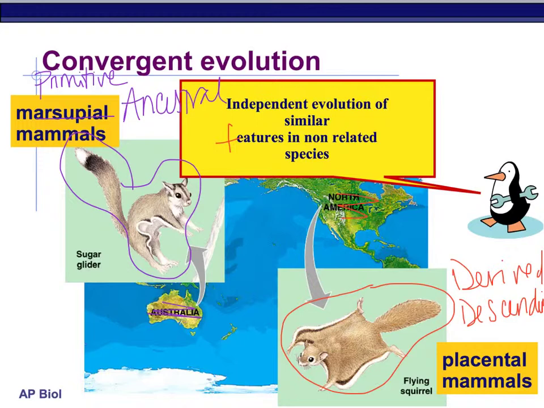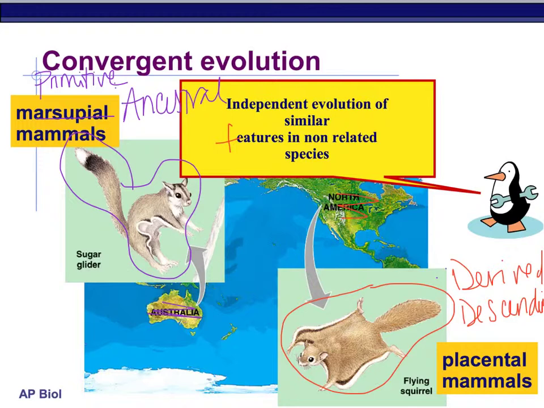Whereas with placental mammals, the fetus is completely surrounded by the placenta. It's getting everything from mom, all of its nutrients, all of its oxygen. Waste is being removed directly from mom through that umbilical cord. And the baby will stay there until it's fully developed and ready to be born. So that's a huge difference between the two. One of the reasons why these guys are considered primitive, whereas these guys are more derived.